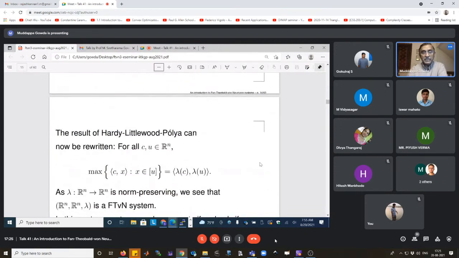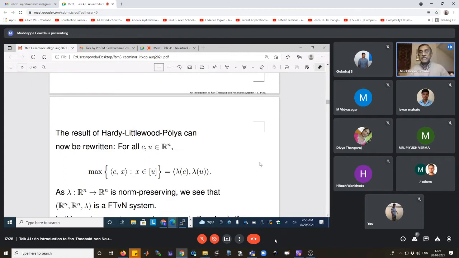Now, the result of Hardy-Littlewood-Polya that I mentioned earlier can be rewritten in terms of our lambdas and lambda orbits. What is it? It simply says that for c, u in Rn, the maximum of the inner product c dot x as x varies over the lambda orbit of u is nothing but lambda of c dot lambda of u.